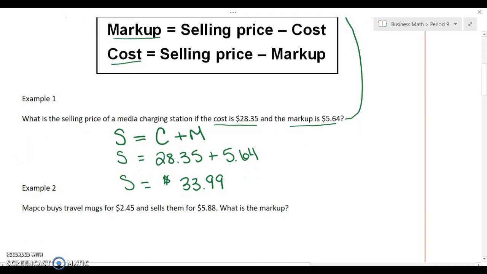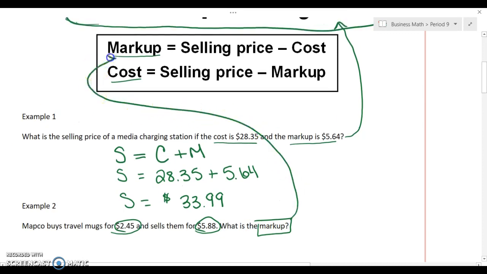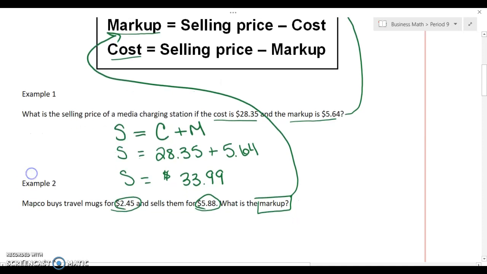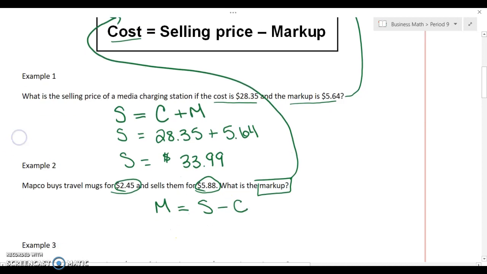Now this question says he buys the mug for $2.45 and sells them for $5.88. What is the markup this time? We go up to this formula this time. Markup equals selling price minus cost. So now we just plug in again.